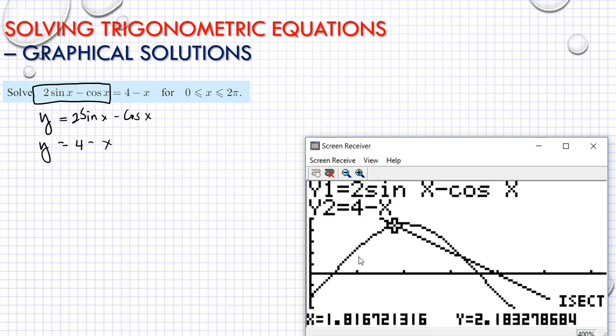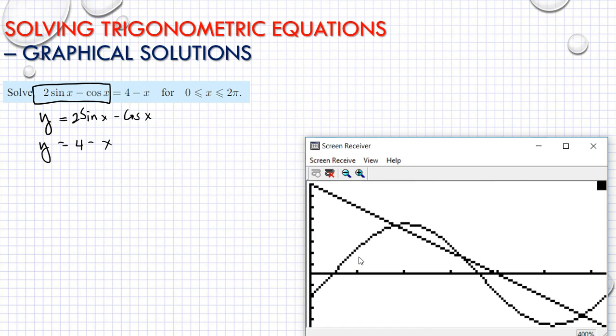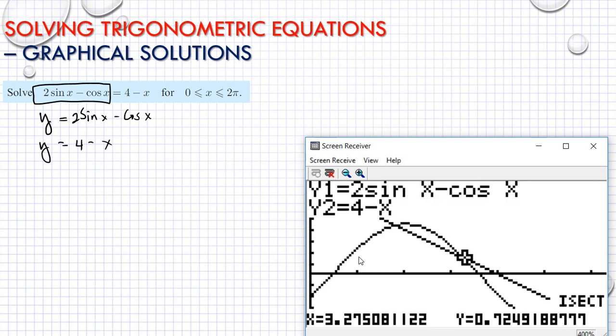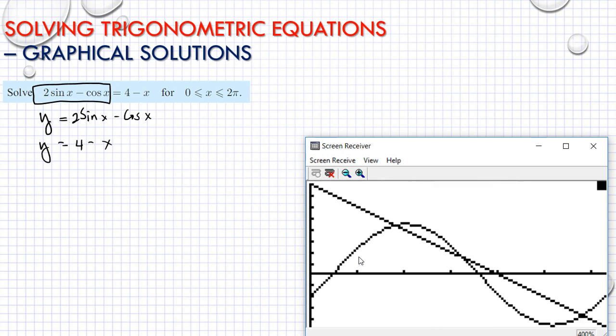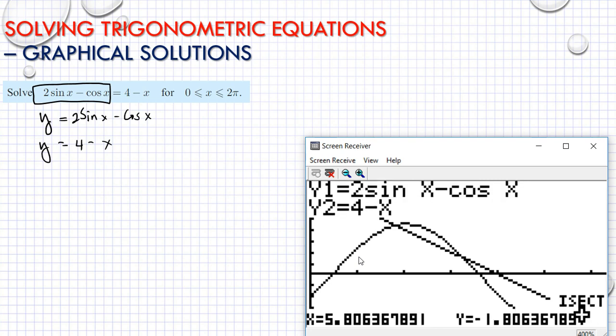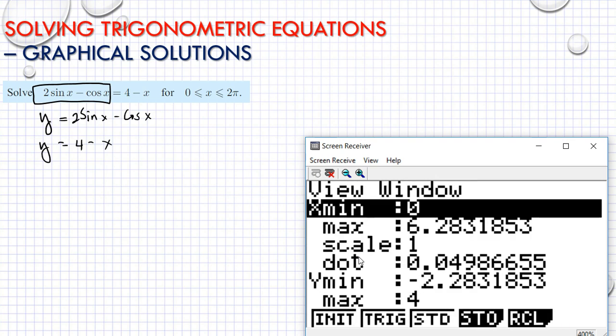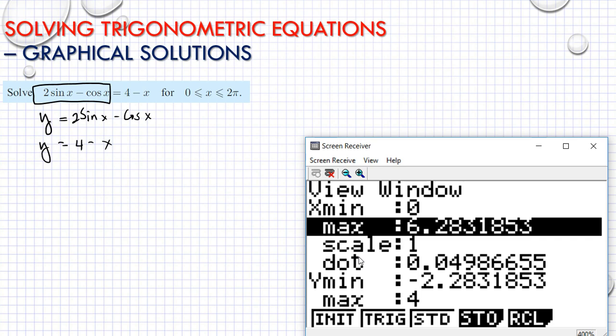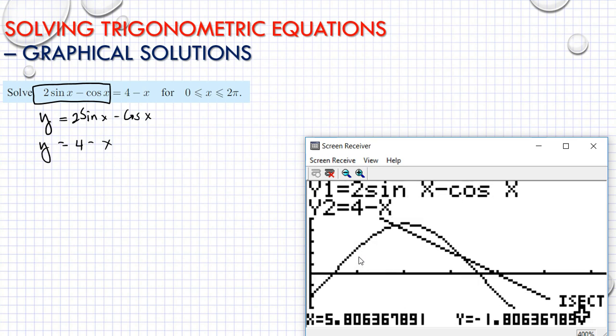The first intersection is x is equal to 1.882, if we want to have three decimals, and the second intersection is 3.76, and the third intersection is 5.81. In my window, I put that my maximum is 6.28. Why? That is 2 pi, from 0 to 2 pi. That's the reason why you can only see those points.